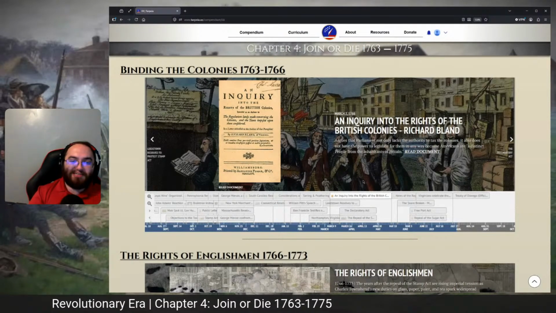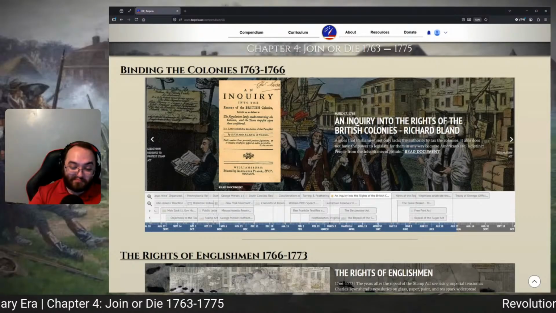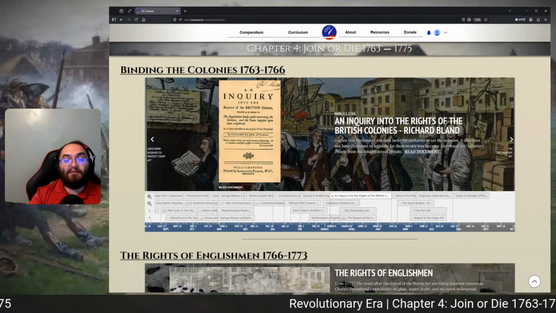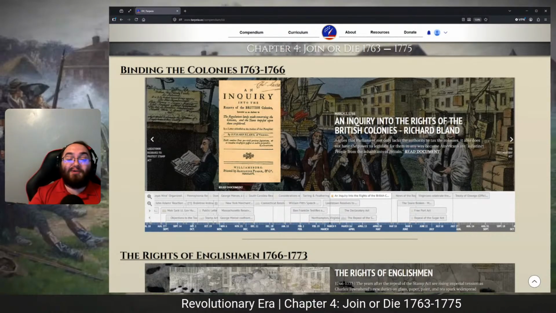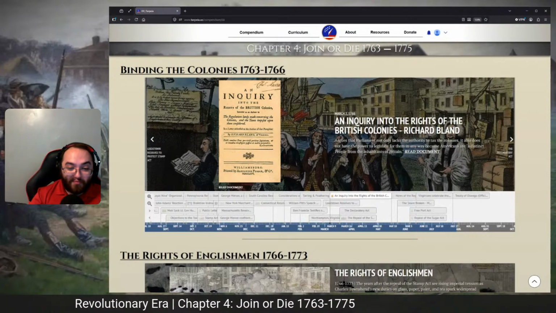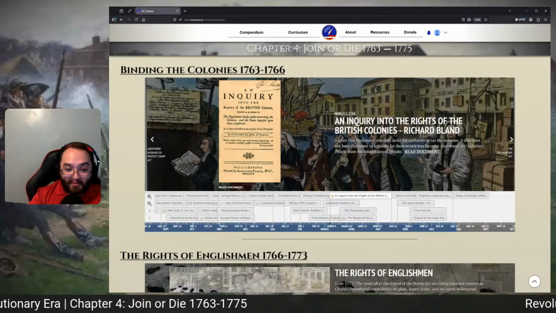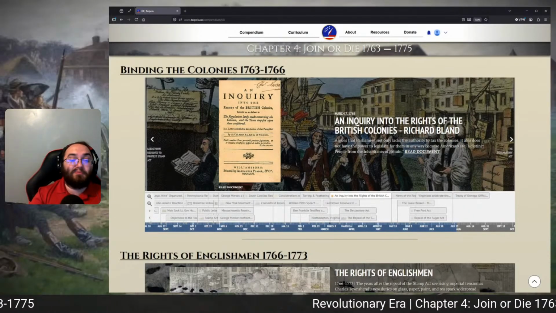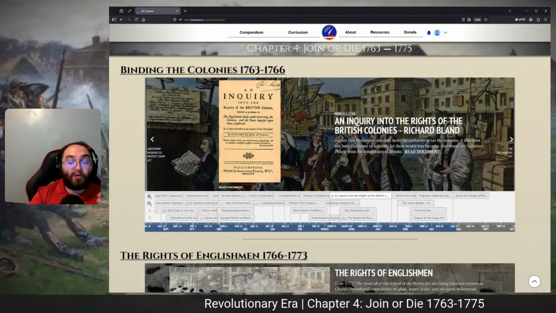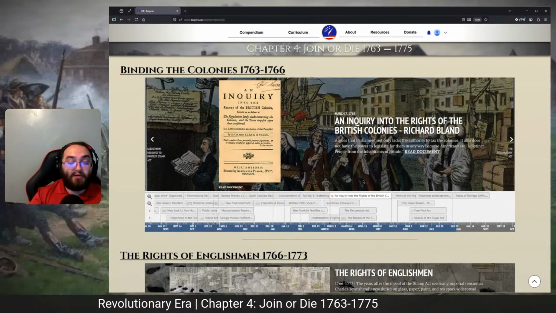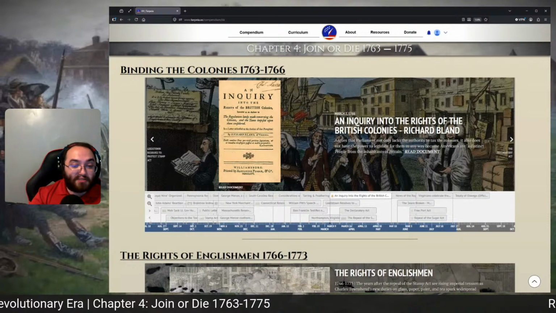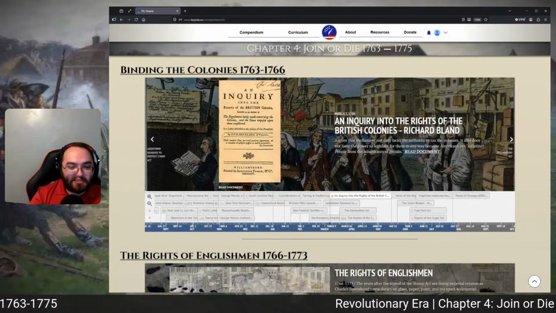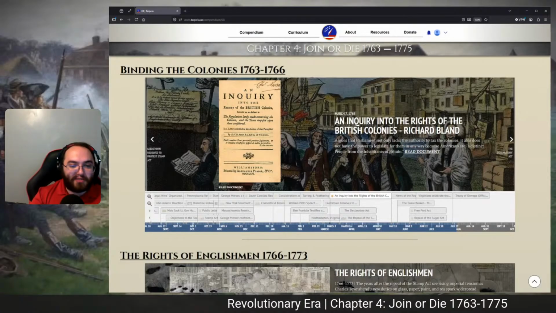Now, we're starting to see some people, like Richard Bland, argue that Americans are a distinct group of people. This is not common, at least not yet, for people to consider Americans to be distinct. This is not an argument that the American colonists want to make, because the main argument that they're making is that they're English subjects, they're English citizens who deserve the same English rights.